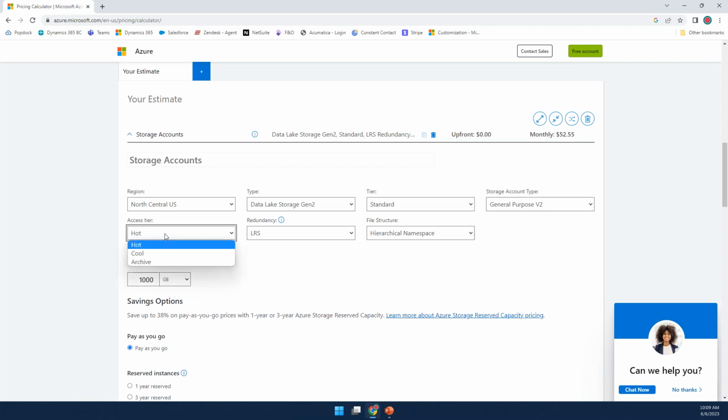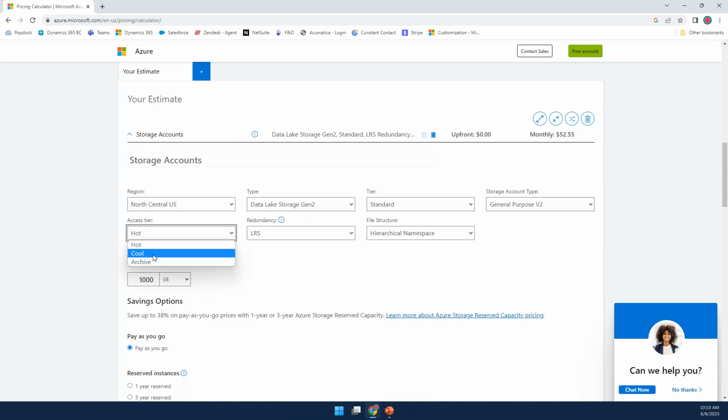Now we start getting into the options of access tiers. If you're like me, trying to maybe save some money, this is where the conversation comes in. How often are you going to be working with the data? So if you say, well, this is really for research purposes only, I'm only going to do it maybe once every 3 months or something like that, that I need to go dig up something, then I think the temptation would be to go to an archive type of scenario or cool.